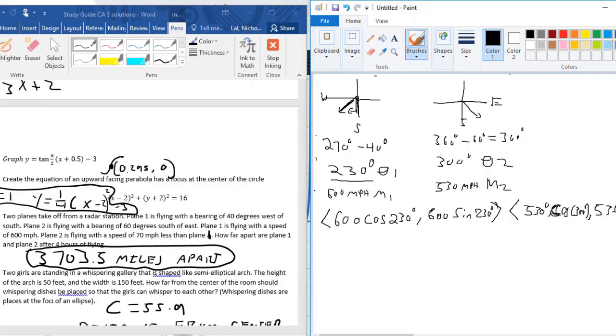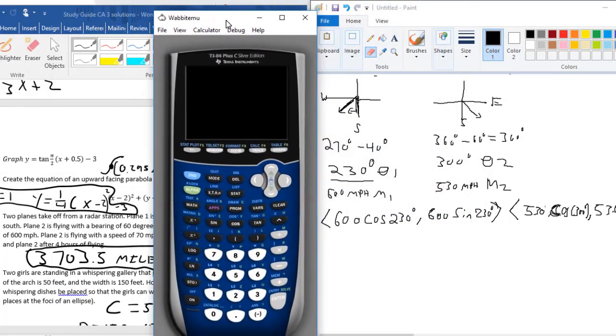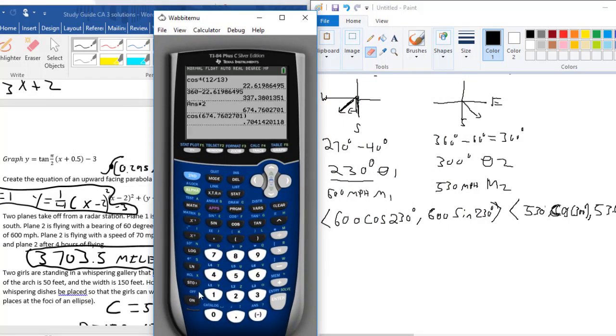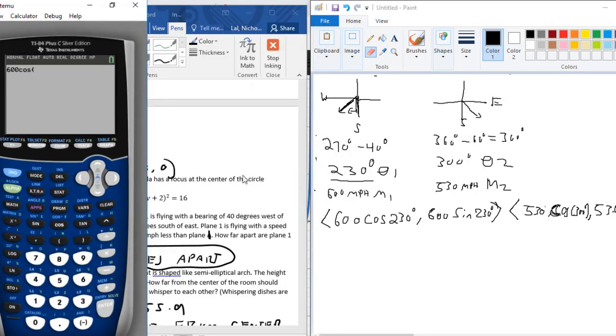So what I wrote down, if it's hard to read, for plane 1, I wrote 600 times the cosine of 230, comma, 600 times the sine of 230. Then 530 times the cosine of 300, comma, 530 times the sine of 300. Seeing this in the calculator, I'm going to calculate 600 times the cosine of 230. Make sure I'm in degree mode. I am.